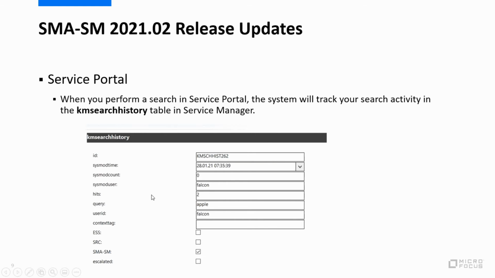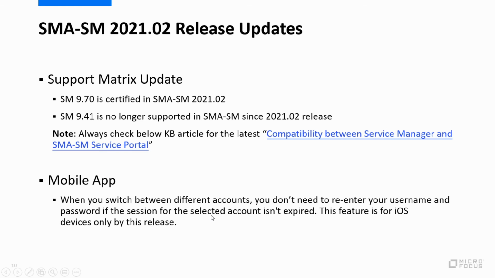The information includes which user performed this search, in which portal, in this case SMA-SM, and what kind of keywords have been entered for the search activity, like Apple has been entered here by the Falcon user in the SMA-SM service portal.